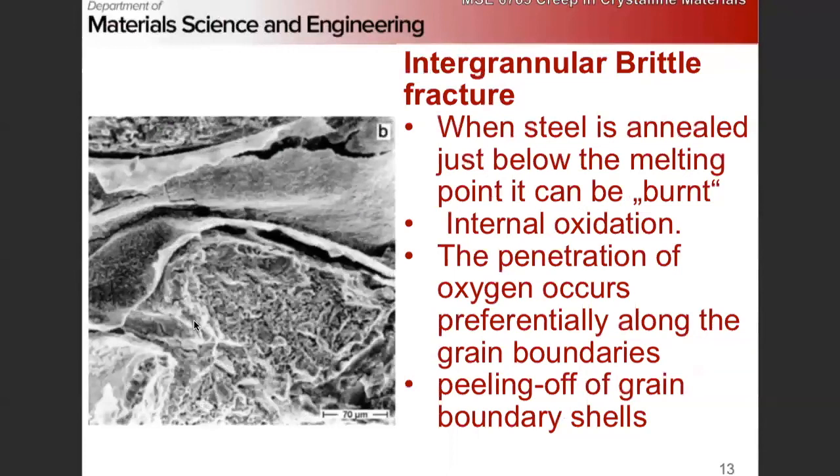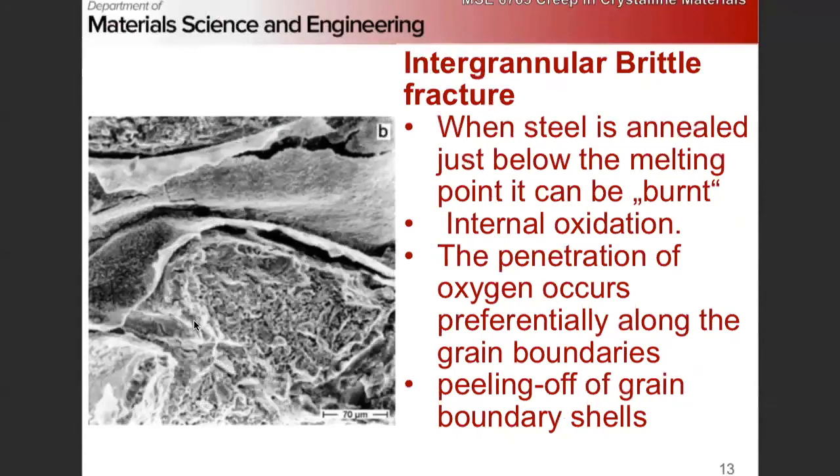Internal oxidation, right? Those of you in the corrosion group. So, burnt steel. If you anneal it below the melting point, you can get internal oxidation. Again, pipe diffusion along the grain boundaries, and then you get these grain boundary oxide shells peeling off.